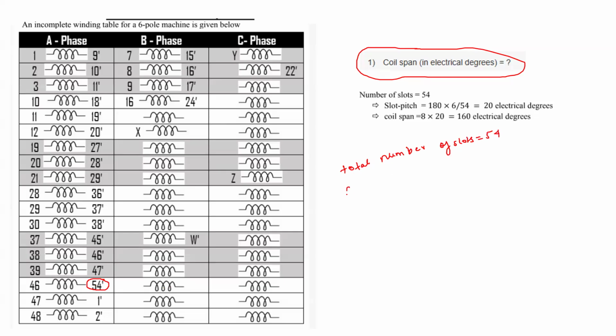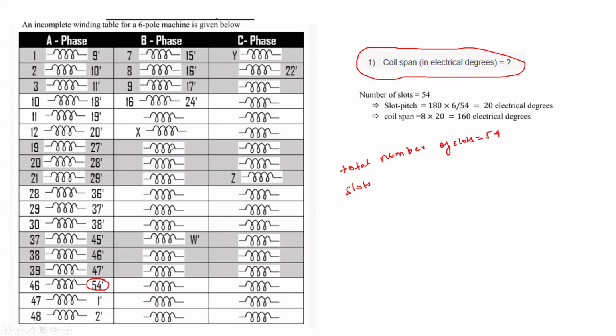Now what is the slots per pole? We have to first find the slot pitch, because we don't know yet whether it is a full pitched coil or a short pitched coil.